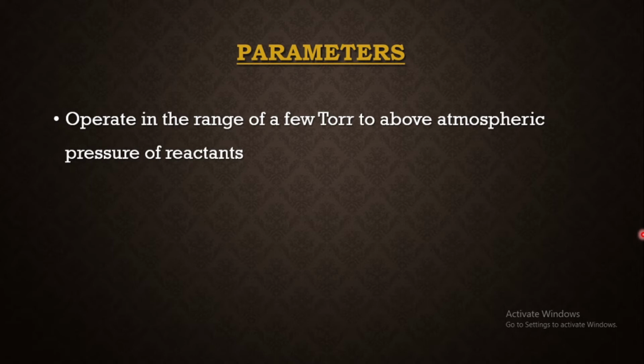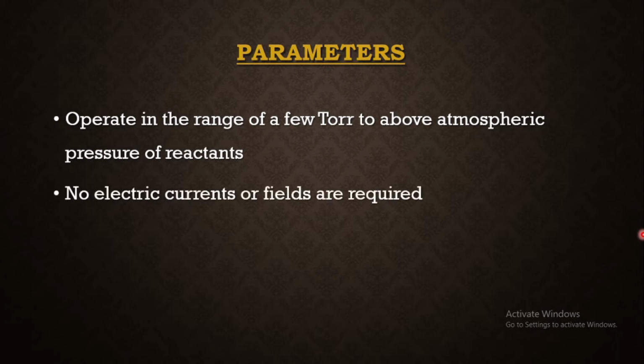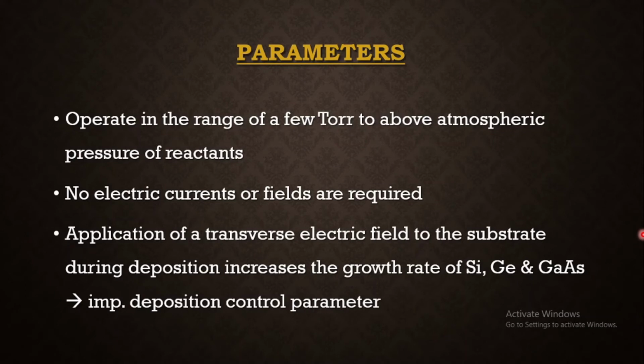So this is about the pressure condition, and actually no electric current or any electric fields or magnetic fields are required. However, the application of a transverse electric field to the substrate during the deposition process is known to increase the growth rate of silicon, germanium as well as gallium arsenide.